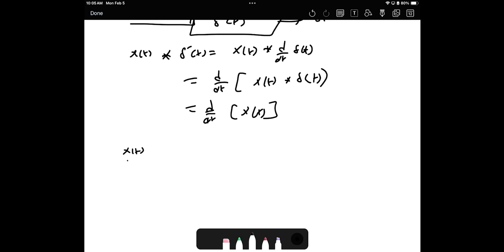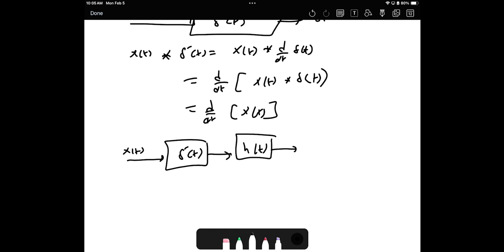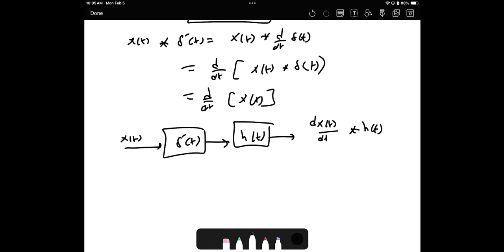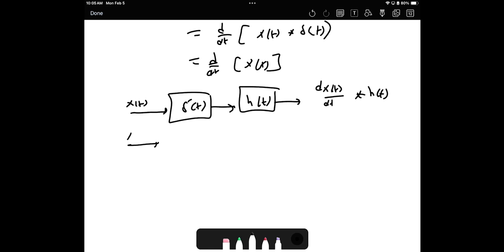Now keep in mind, whenever we have x of t, then delta prime of t, then h of t, this is equivalent to dx of t by dt convolved with h of t. How about if we put x of t, then h of t, then delta prime of t?